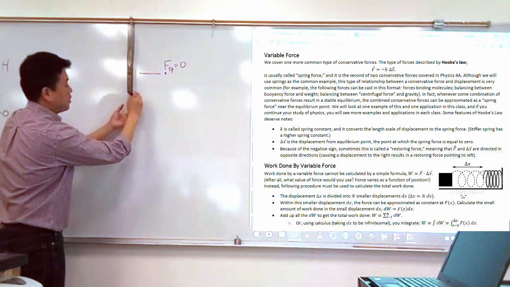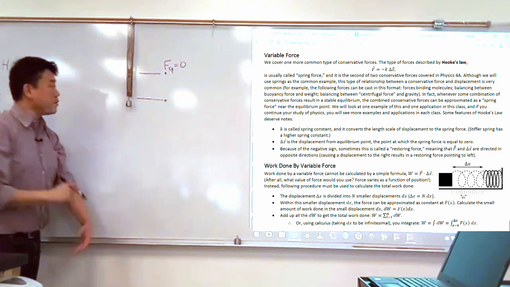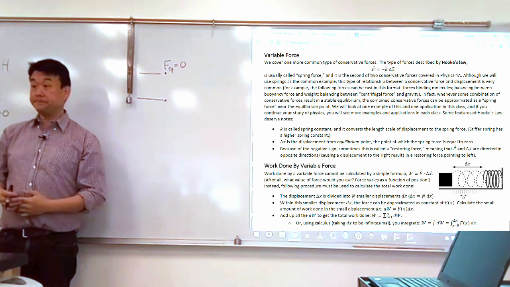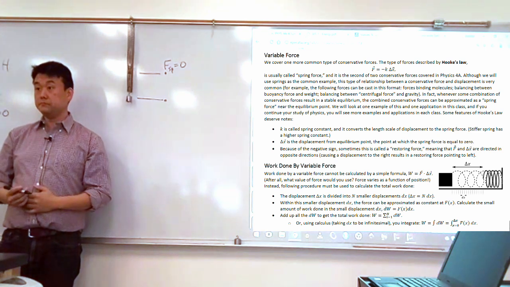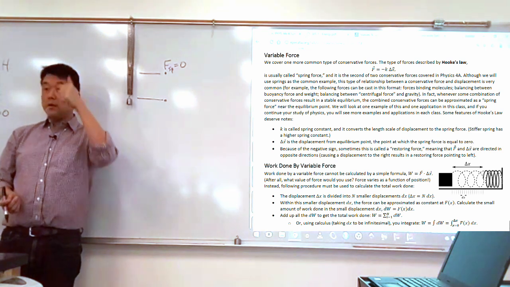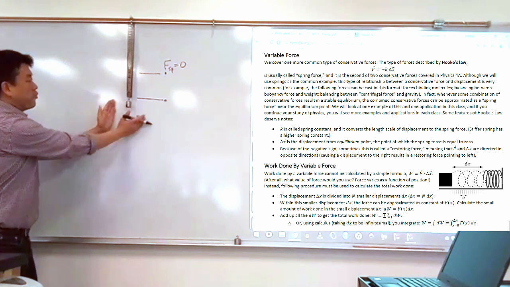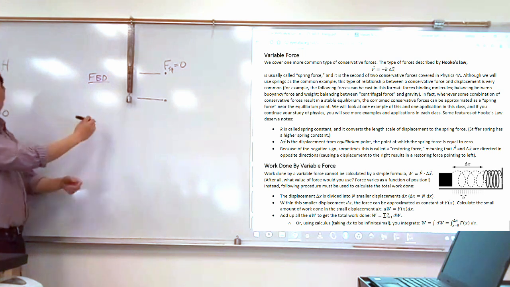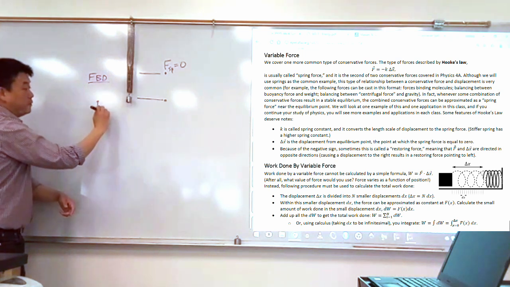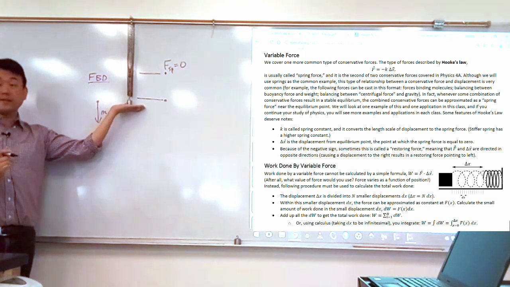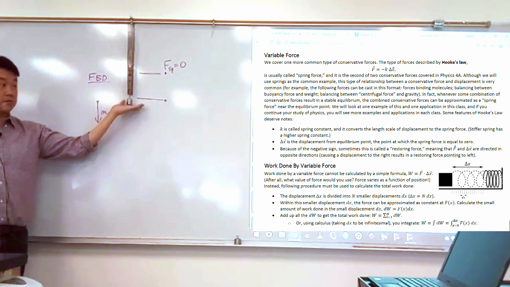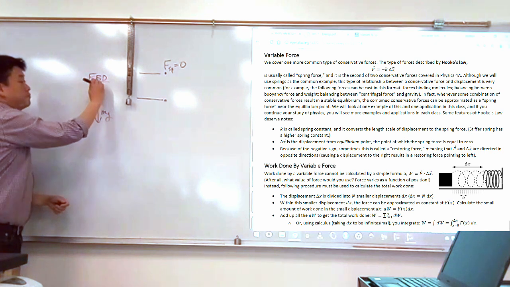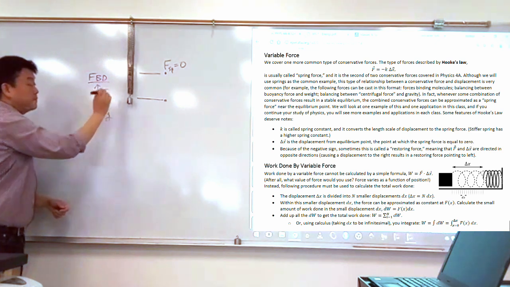At this position where the spring is, what's the direction of spring force? Upward, right? Imagine drawing a free body diagram of this mass here. There's gravity pulling it down, but it's not accelerating downward because there's another force pulling it up. That's the spring force.